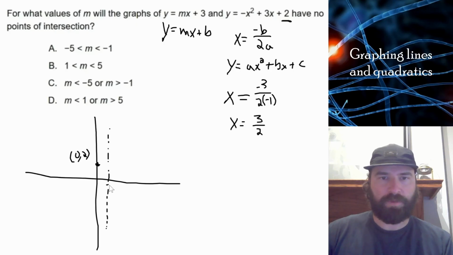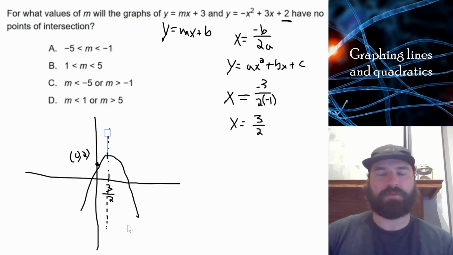And right here we've got 3 over 2 as our x value. And our parabola is negative, so it's going to be facing downward, which gives it a shape that looks something like this, with the vertex, or highest point of the parabola, falling on our axis of symmetry, the dotted line that I drew there.